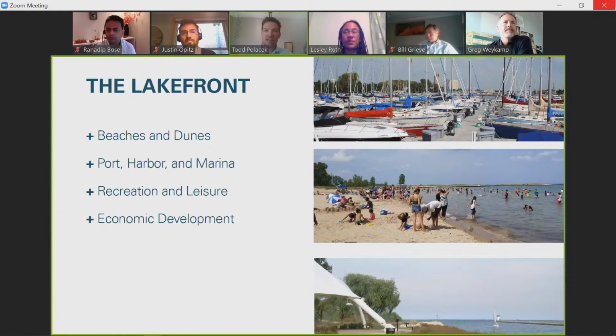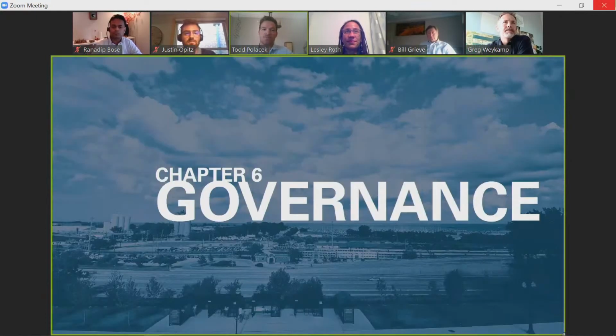And I guess last, I could just mention that as Waukegan looks forward in thinking about implementation, it's highly eligible for Great Lakes Restoration Initiative funding, green infrastructure grant opportunities, and quite a few economic opportunities in terms of grants that can be leveraged for the community to enhance going forward. Thank you.